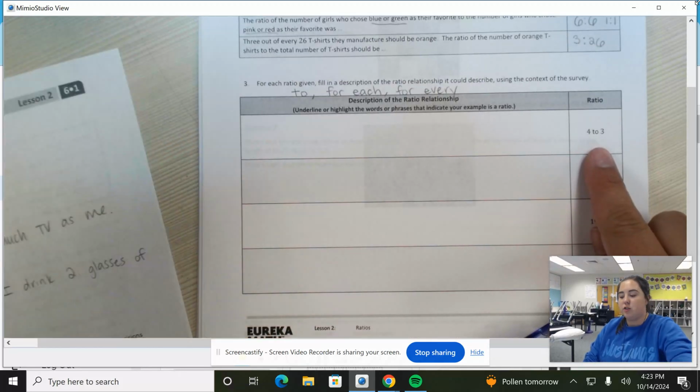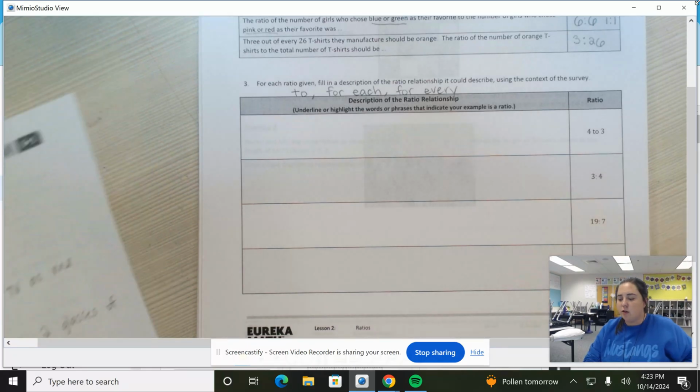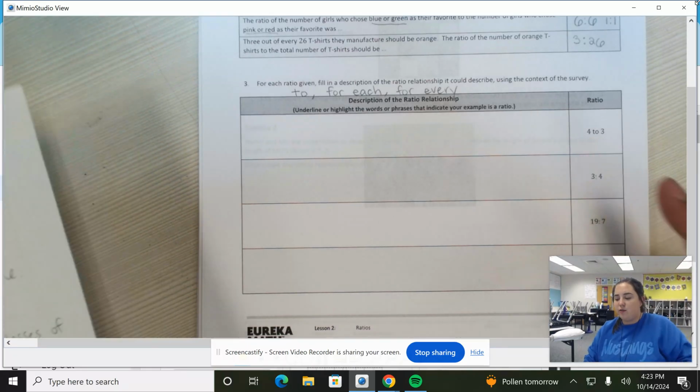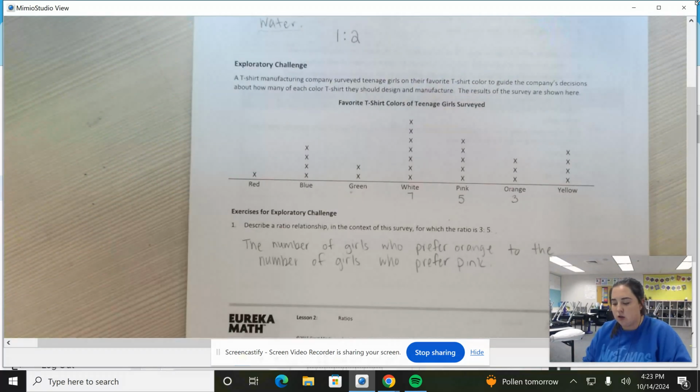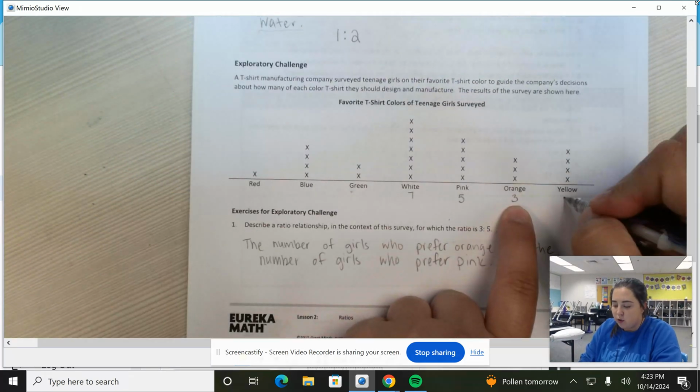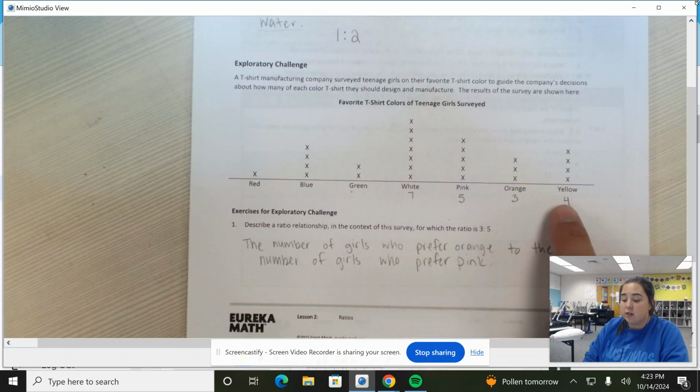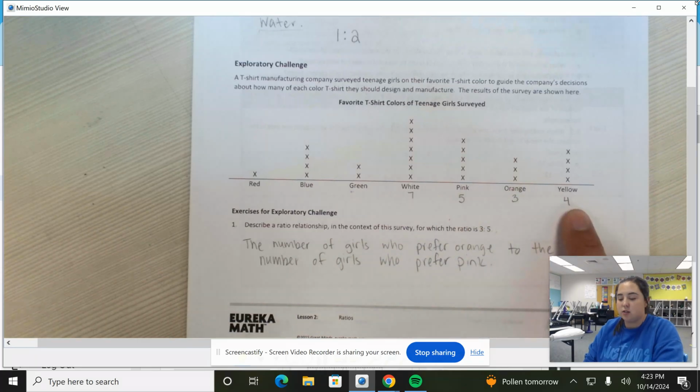So looking at this first one here, 4 to 3, I'm looking back at that chart. So I'm looking for one that has a 4 and one that has a 3. I already had my 3 marked. Oh, here's a 4. So 4 to 3, I'm talking about yellow first.